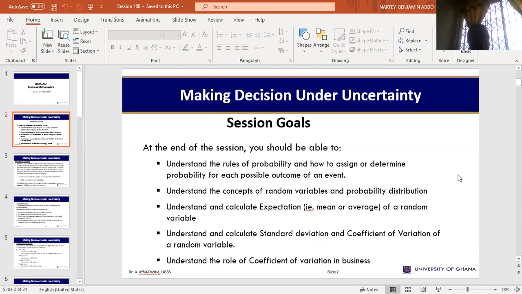Okay, so understand the concept of random variables and probability distribution. So we have two forms of variables, random and discrete. So random simply means that it behaves in an uncertain manner. So when you have a discrete variable that is countable, for example, if you are counting human beings, you cannot say 1, 1.5, 2.3. No. If it is discrete, then it takes whole numbers, right?